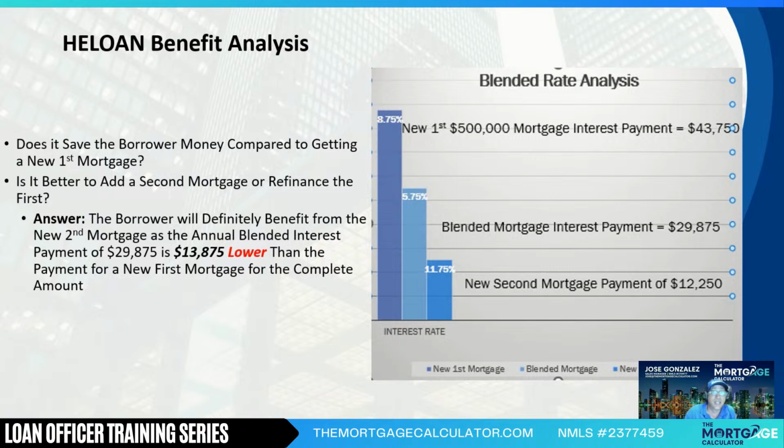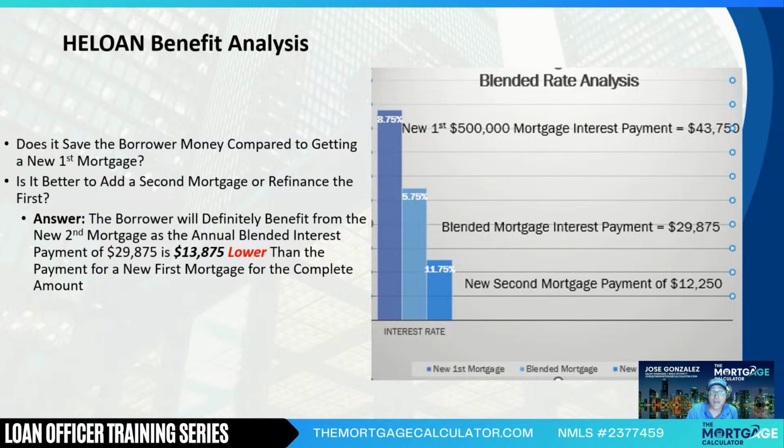So you can see that our new first mortgage actually at 8.75. So we're talking taking this to the limit. 8.75% cash out refi DSCR. It could be a little bit lower now, but this is just for our example here. It gives an annual interest payment of $43,750, right?